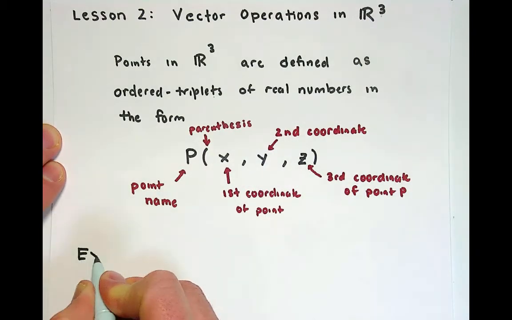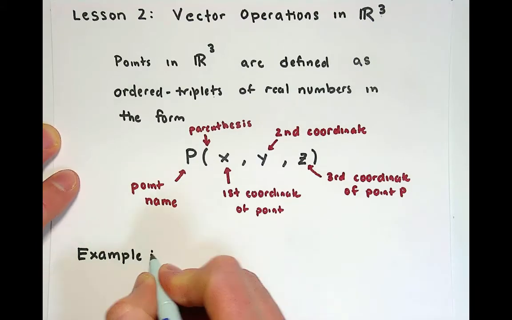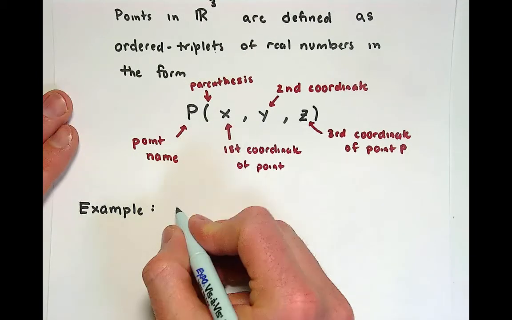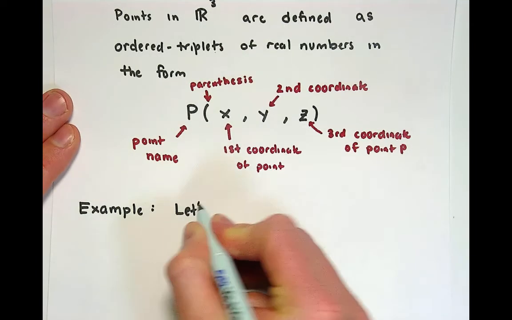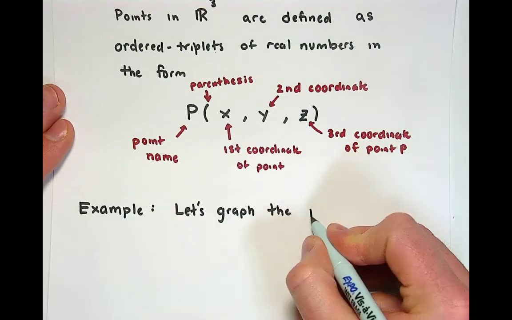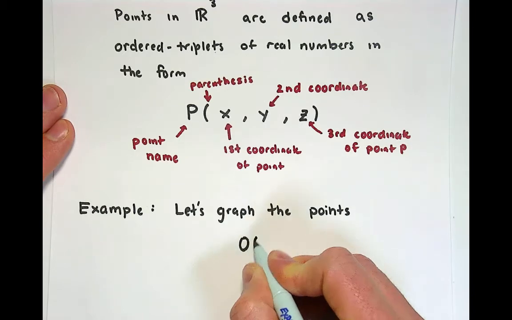Let's take a look at an example of 2 points in R3. Let's graph the points O, which we're going to call the origin.